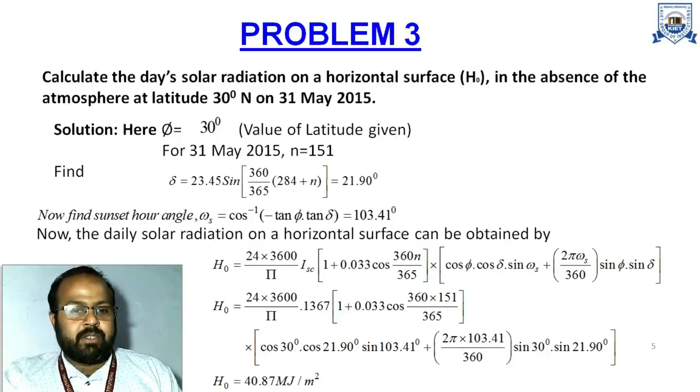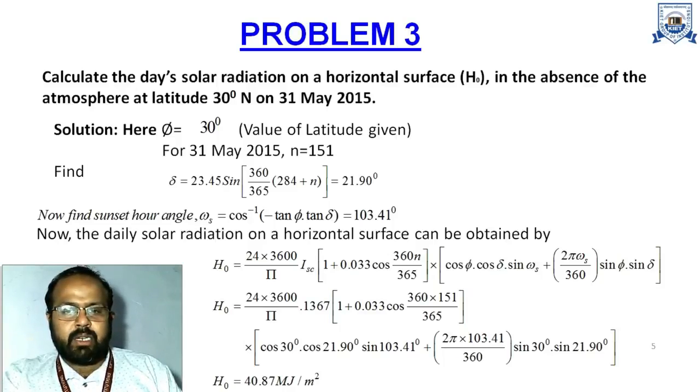Now we calculate the daily solar radiation on a horizontal surface. It has a special formula: 24 into 3600 upon pi, into I_SC, into (1 plus 0.033 cos of 360 n by 365), into (cos phi cos del sin omega s plus 2 pi omega s by 360 sin phi sin del).